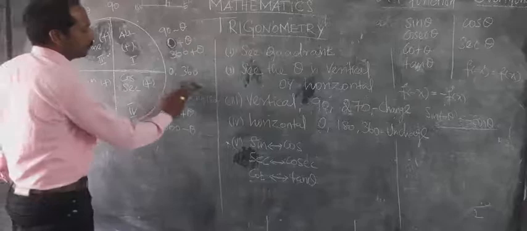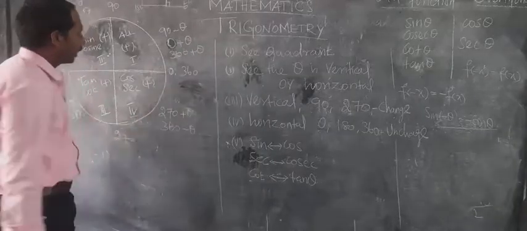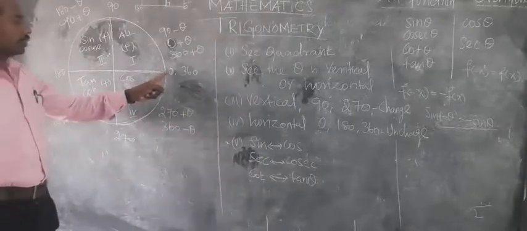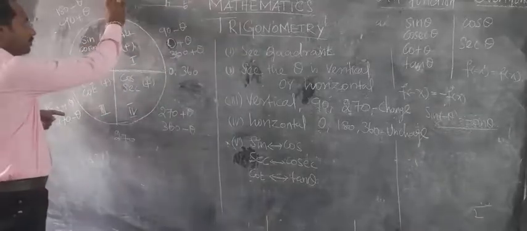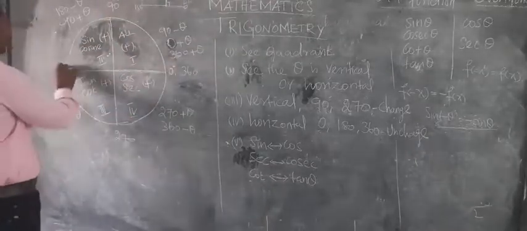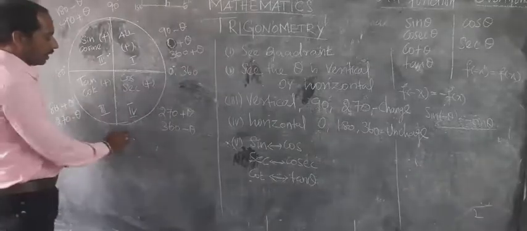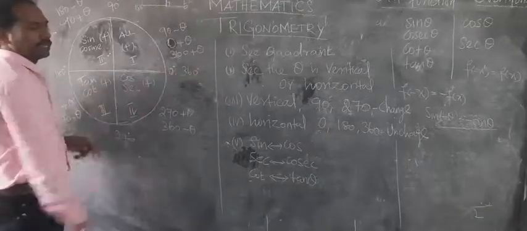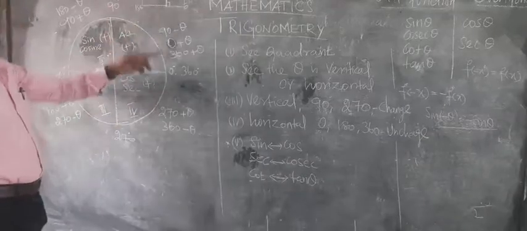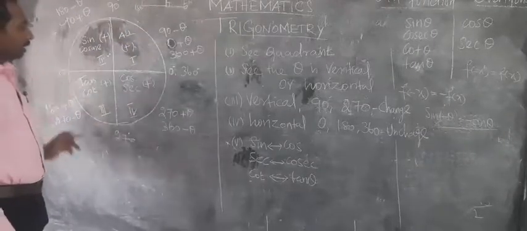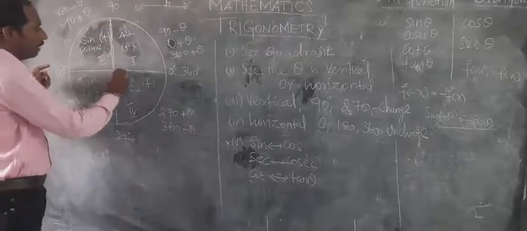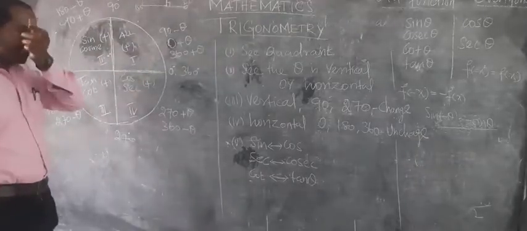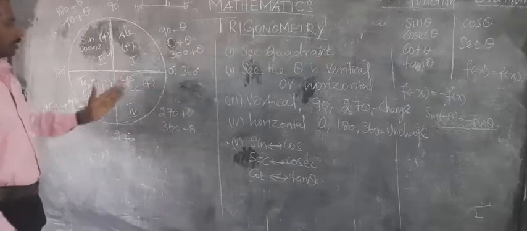Likewise we can learn mathematics. Now you see it is a 0 degree, a 90 degree, a 180 degree, a 270 degree, and one more time 360. So from 0 you add 90, add 90, for each quadrant. This particular area we call a quadrant.